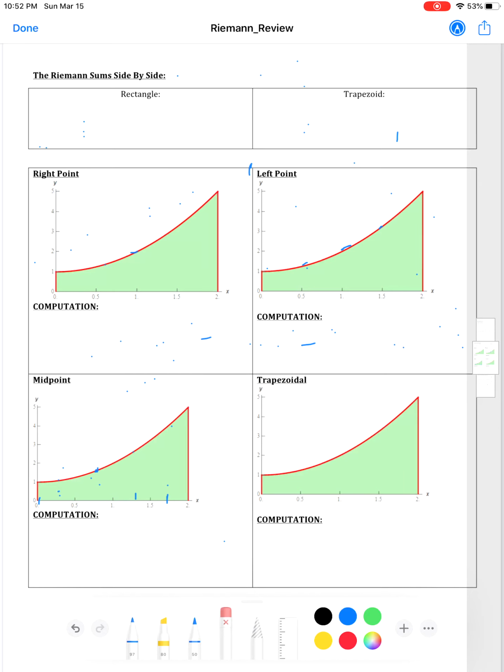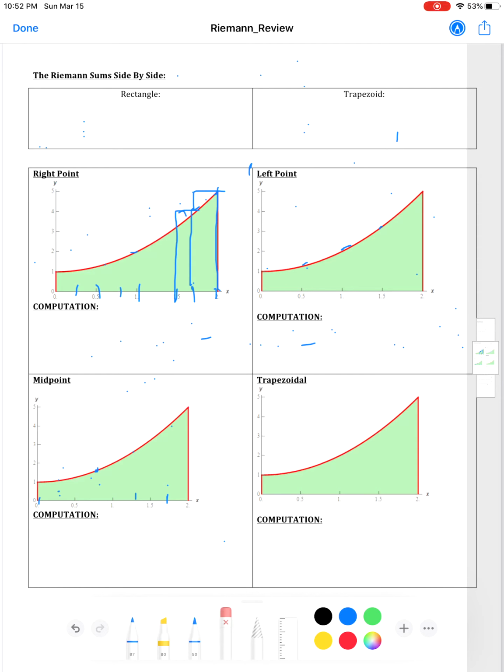Yeah, so if I did a right point with more intervals, like if I did 8, you can see that the estimation issues, let me just make sure we're actually right point.